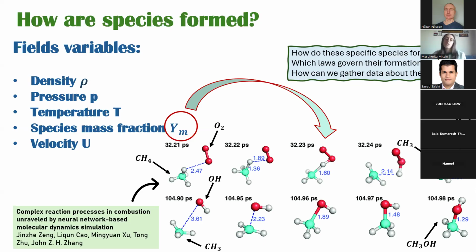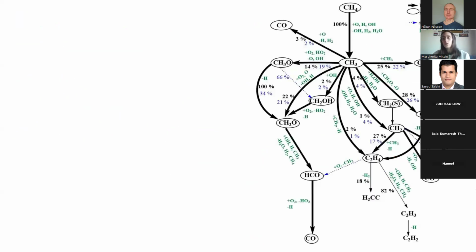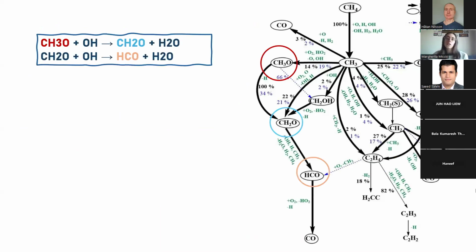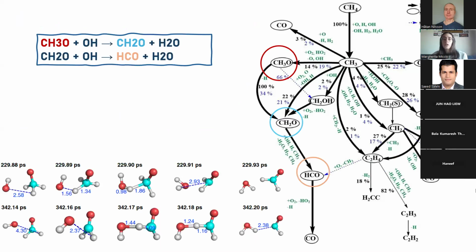And then at this point we need to understand how we can visualize this in a reaction path diagram. This can be observed here, once again, by considering these two reactions. Here we see that we have the CH3O in the red circle, which is forming a new product, the CH2O, by meeting the OH.